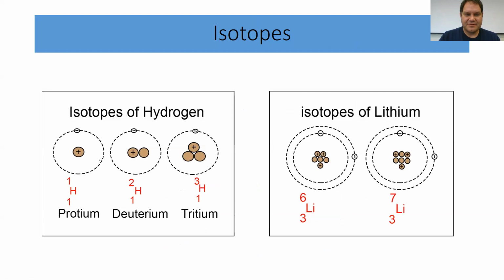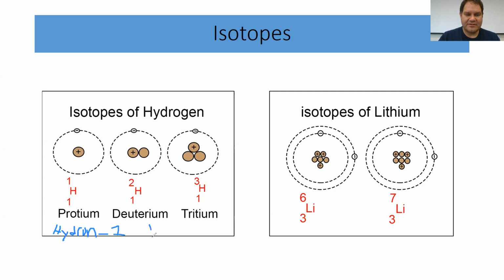Okay, so for the first one, because there's only one proton and no neutrons, this first one is going to be identified as hydrogen with a hyphen and then a 1, representing hydrogen-1.